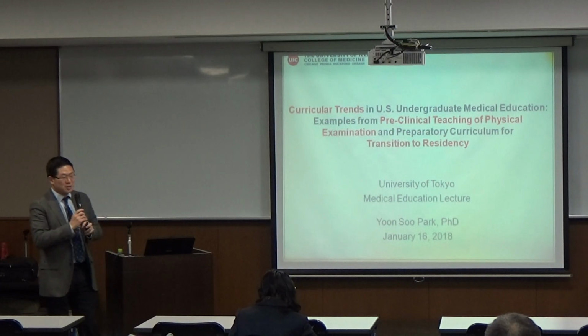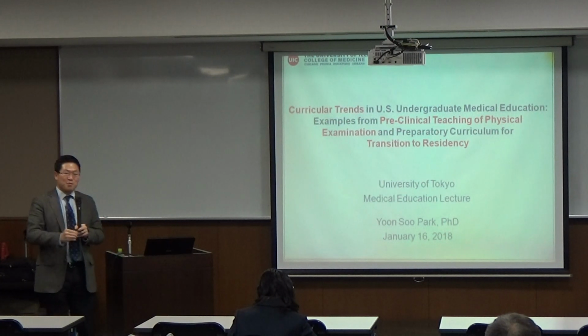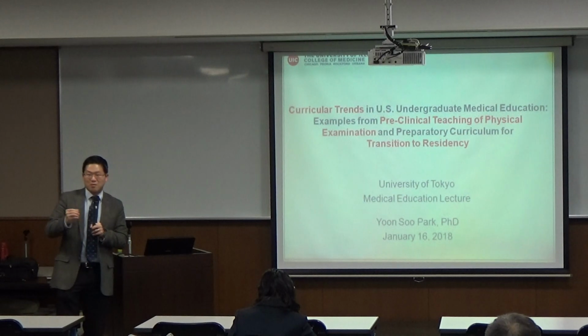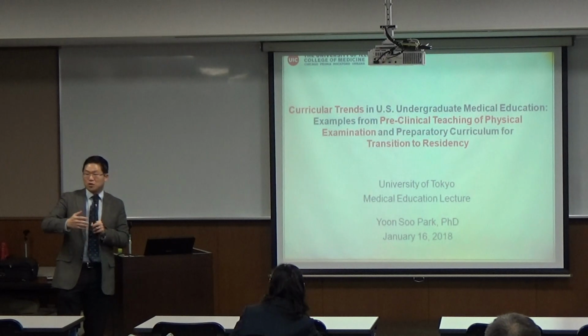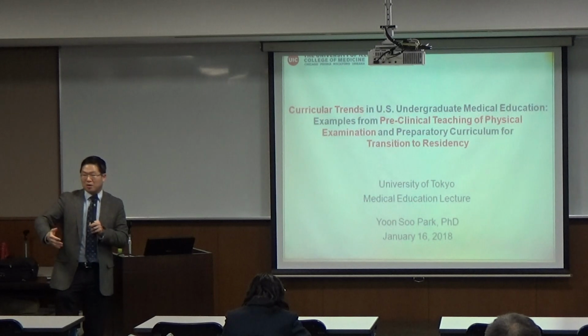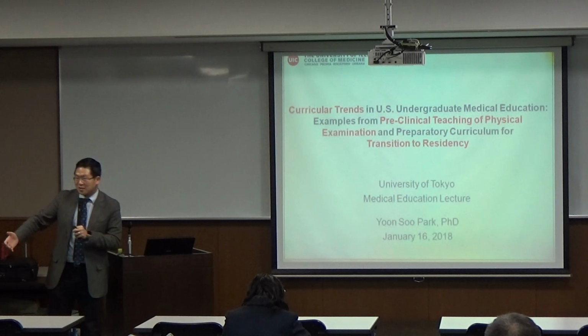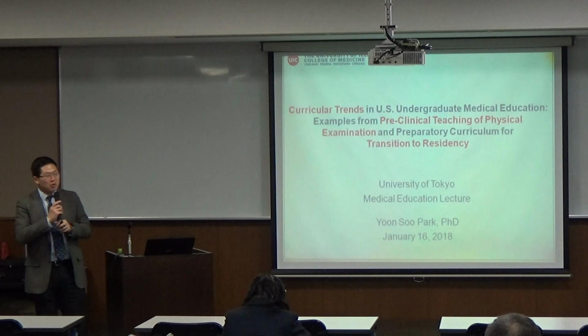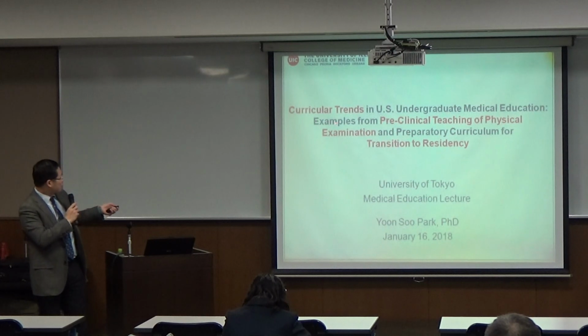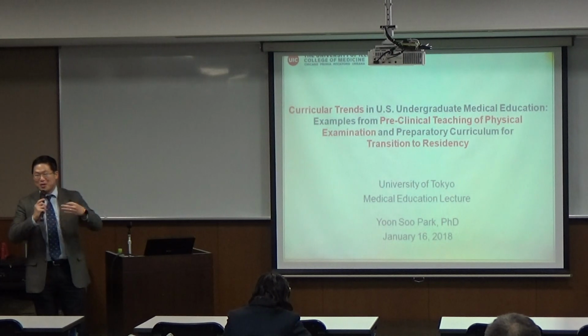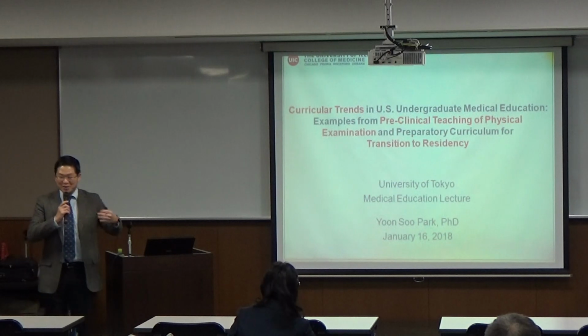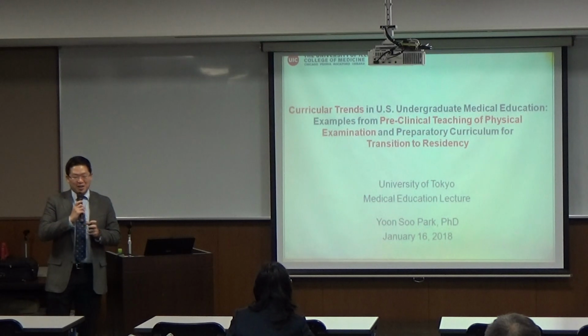This is more looking at specific examples of things being done in the first 2 years of medical school, at the fourth year of medical school. What's happening in residency? How are people feeling? And so the title also includes examples. There will be examples after examples here.